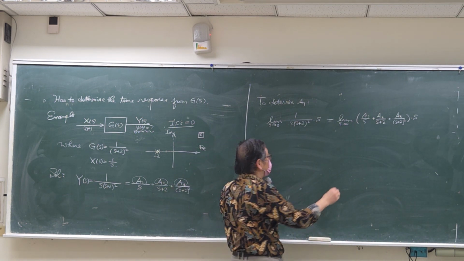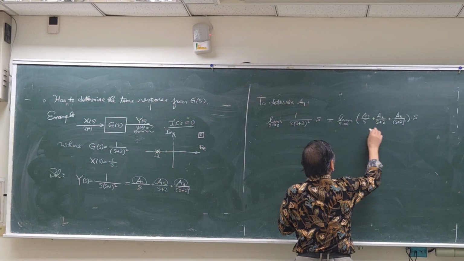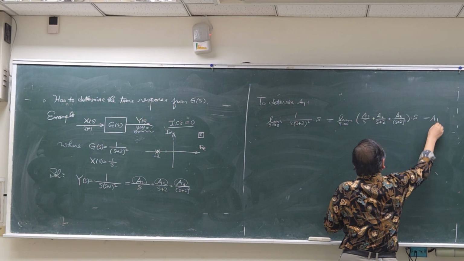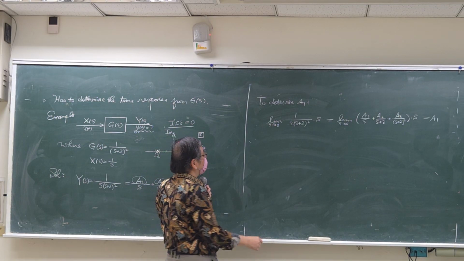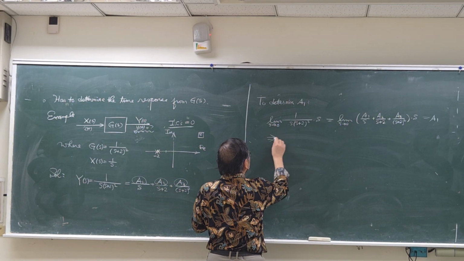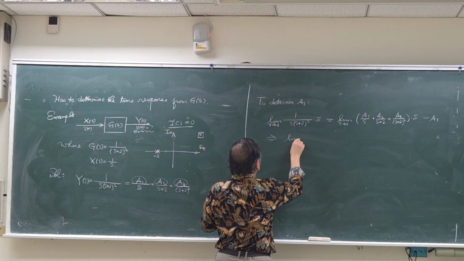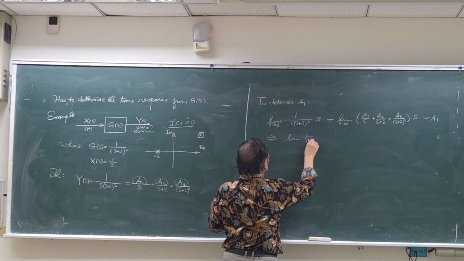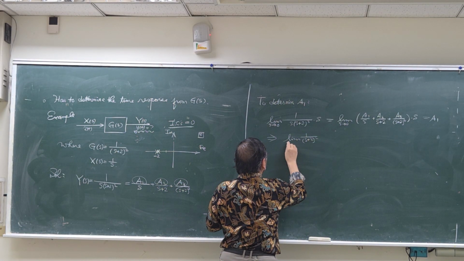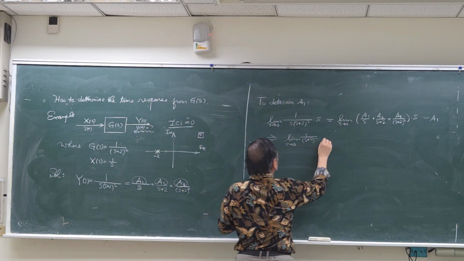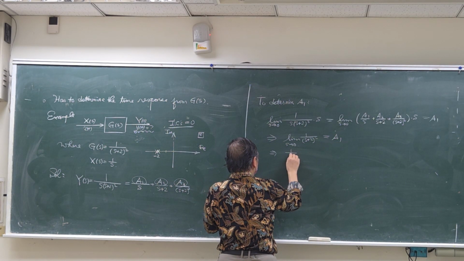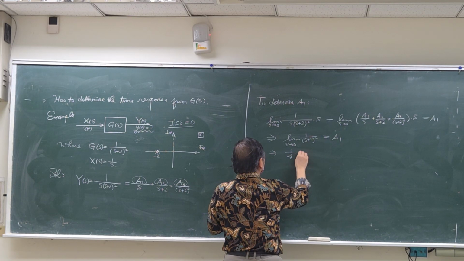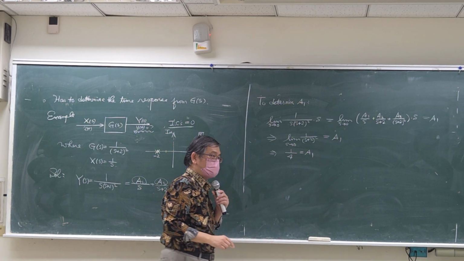So when s approaches 0, only A1 is left. Okay? So we have 1 over 2 squared, yeah, 1/4. So A1 can be determined right away.